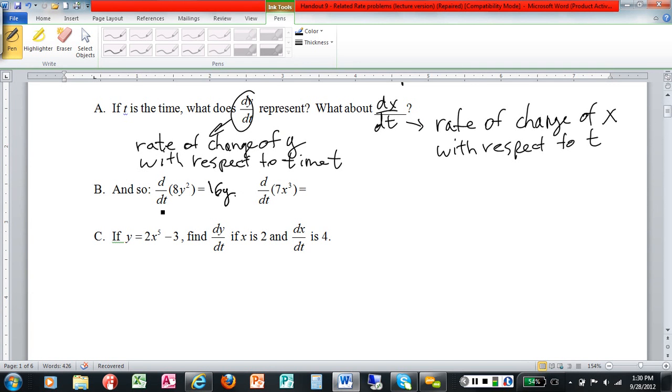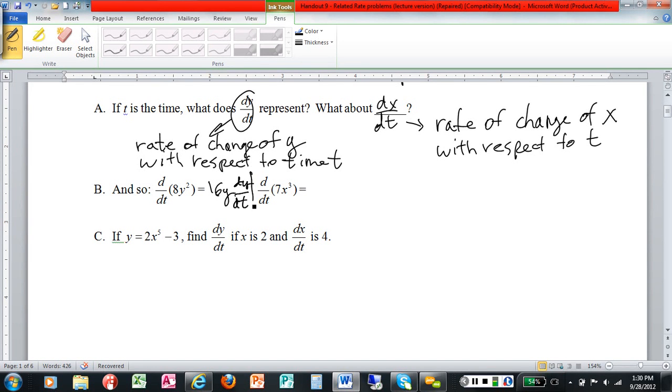I'm doing the derivative with respect to t, and I'm doing it of a y expression. So I need a dy dt there too, don't I? Just like I needed dy dx previously, I'm going to need a dy dt. Because I'm doing the derivative with respect to t now. So I need a dy dt with that as well.